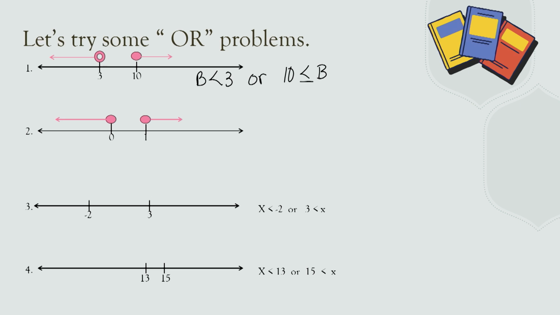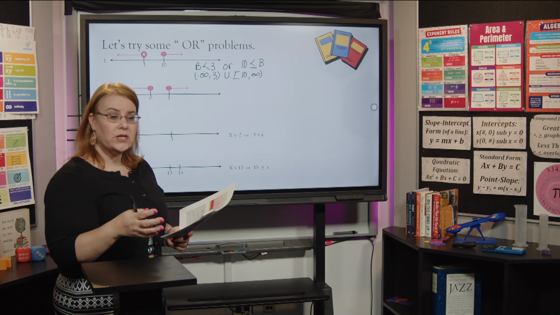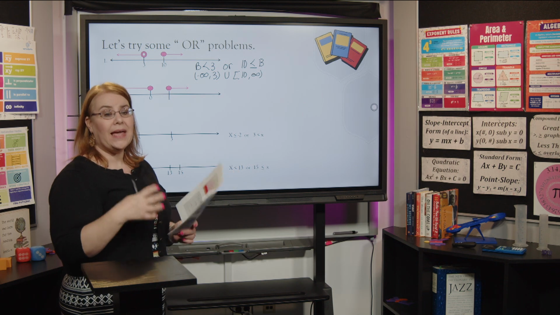So then if I wrote that in interval notation, it's going to look like this. Negative infinity, comma 3, parentheses, or, bracket 10, comma, positive infinity, parentheses. So that tells me the exact same thing. I have it written as an inequality expression, or I have it written as my interval notation.